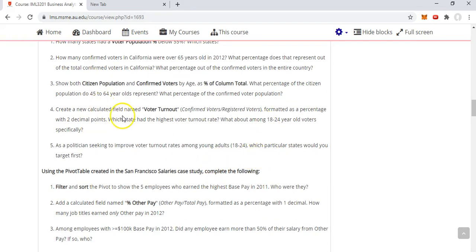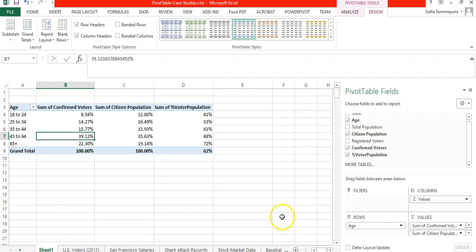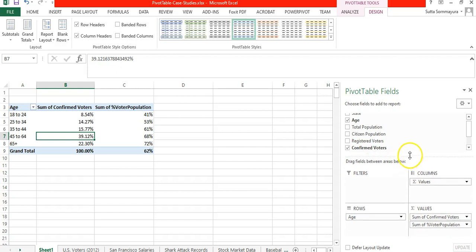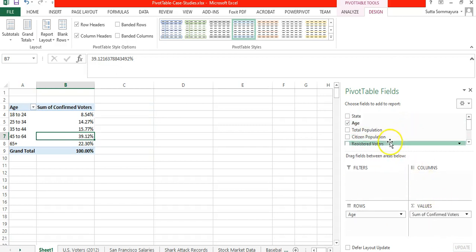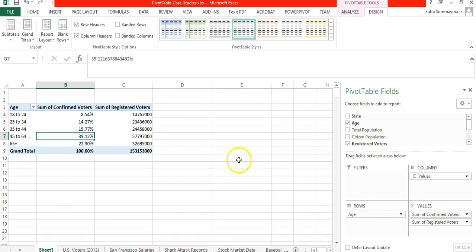Now question 4 is to create a new calculated field named voter turnout. It's equal to confirmed voter divided by registered voter. Okay, voter turnout. So you can take the citizen population off and take the registered voter.